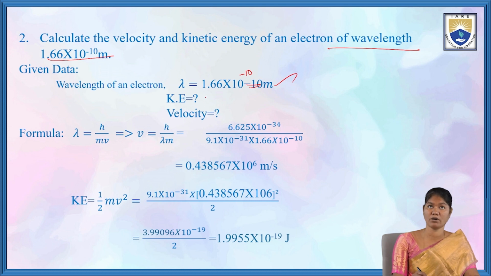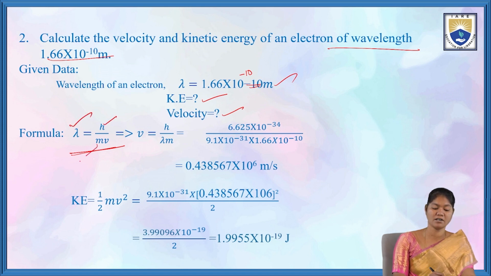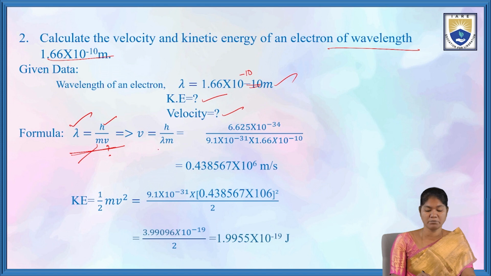So we need to calculate the kinetic energy and the velocity. The formula we are using here is lambda equals h by mv. From this we know lambda, we know h and m, but we need to calculate the velocity, so v is equal to h by lambda m.